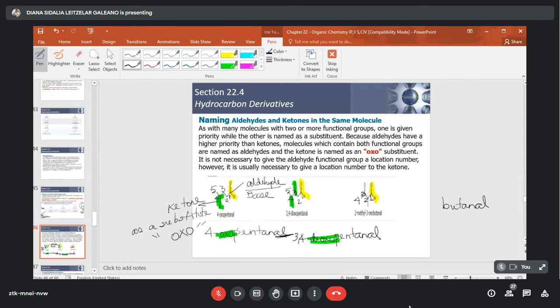I have an oxo group, carbon 3. And then I place the normal substituents. What substituent do we have here? This here has a little point. ¿Sería cómo? Methyl.